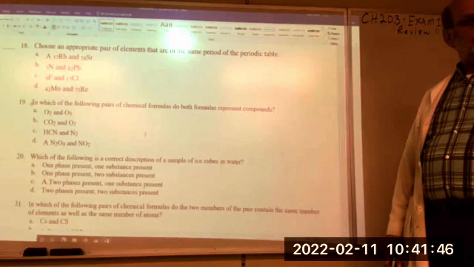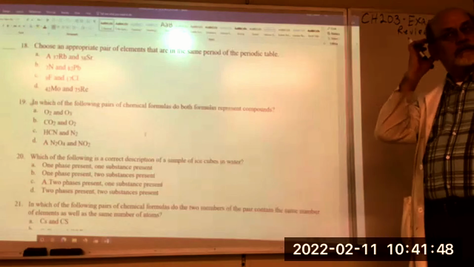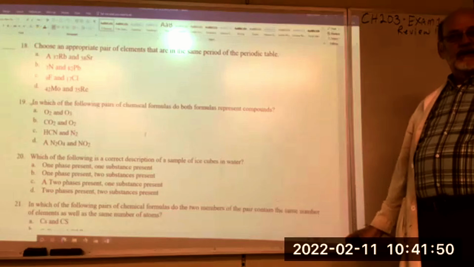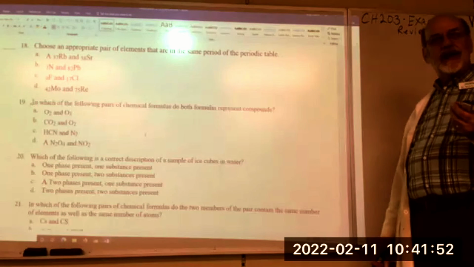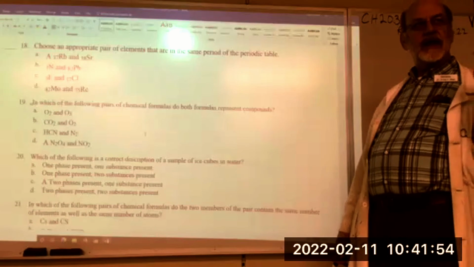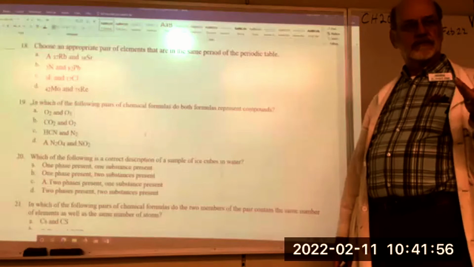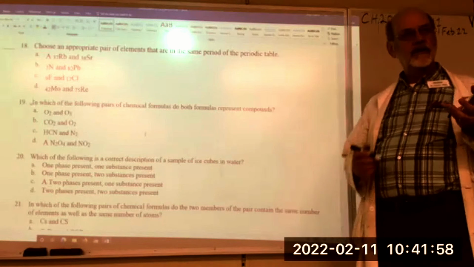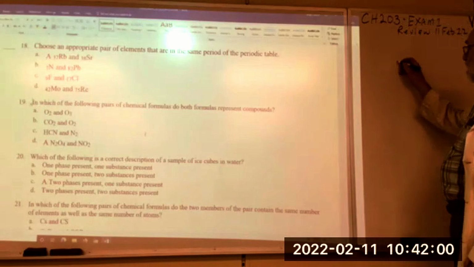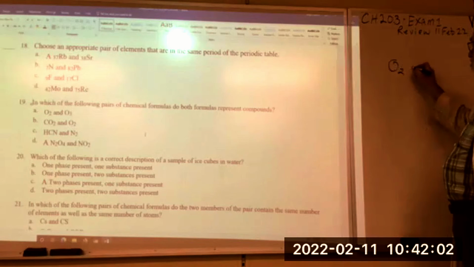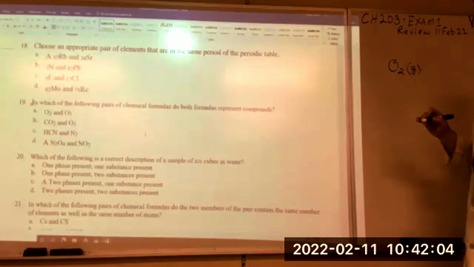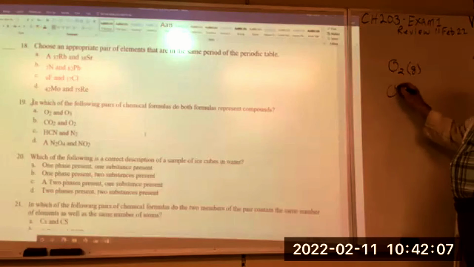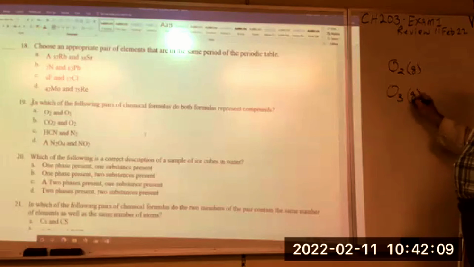Remember our discussion of what an allotrope is? An allotrope is an element that has a different molecular form. So for instance, gaseous oxygen, that's one form of oxygen. Another form of oxygen is ozone.